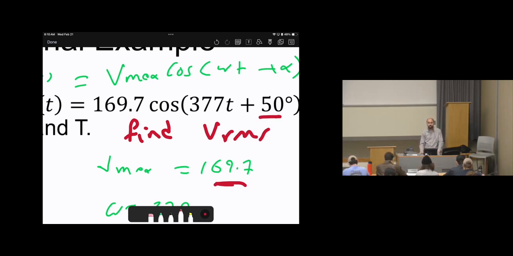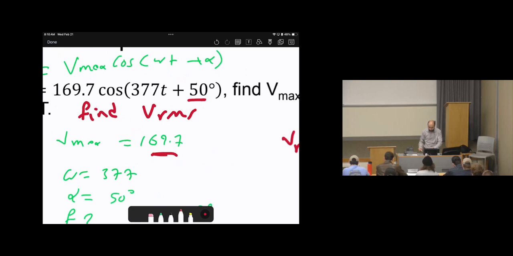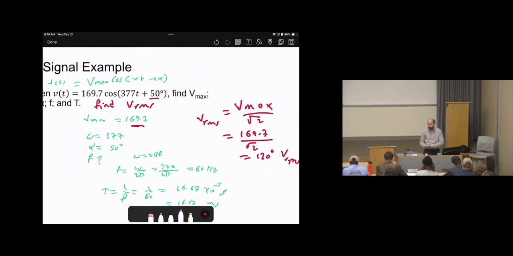So 169.7 cosine 377t, while the angle can be different depending on each phase. So that's the overall voltage that goes to your home. Then where did we get the 120 volts? Here it's 169.7, it's not 120 volts. How can we get it? By dividing by square root of 2. 169.7 volts over square root of 2 is equal to 120. Okay?